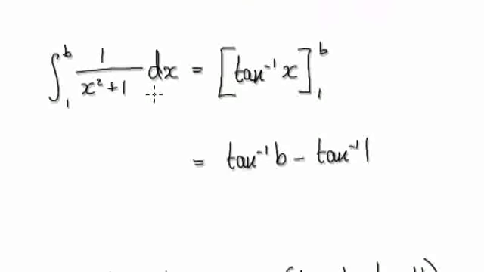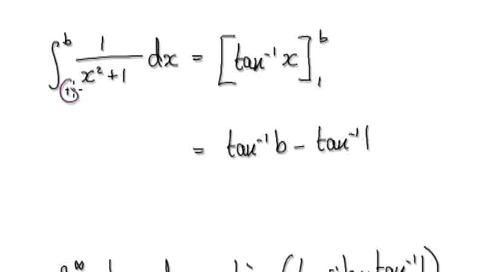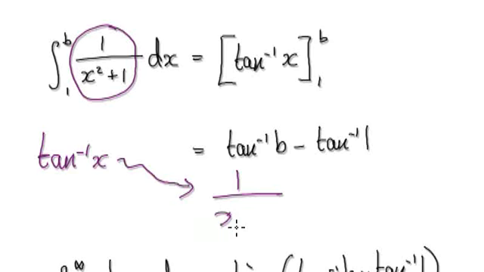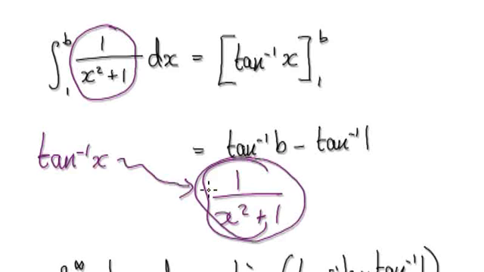So let's integrate it. Integrate it from 1 to b first, and then later on take the limit as b tends towards infinity. To integrate this, remember if you differentiate inverse tan of x, it will give you 1 over x squared plus 1. So now I'm asking you to integrate this.